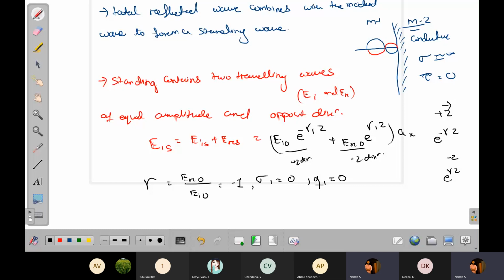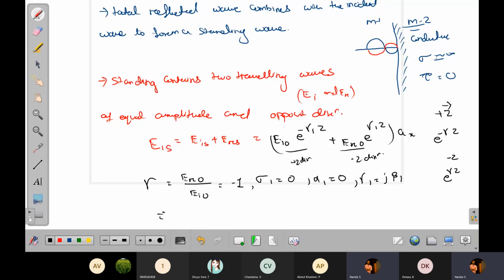For a perfect dielectric alpha is 0, so no attenuation happens. So gamma 1 equals j beta 1, because gamma is alpha plus j beta and alpha is 0.